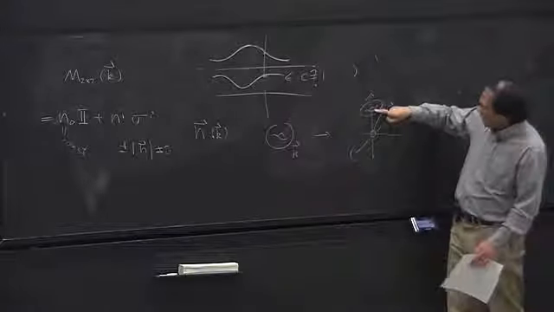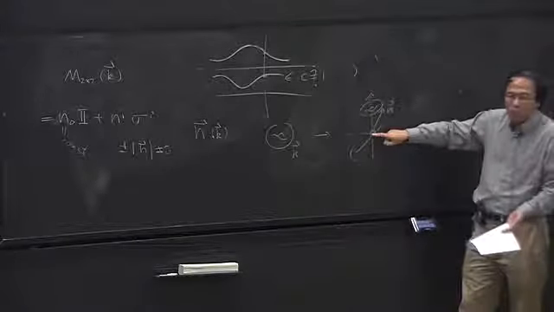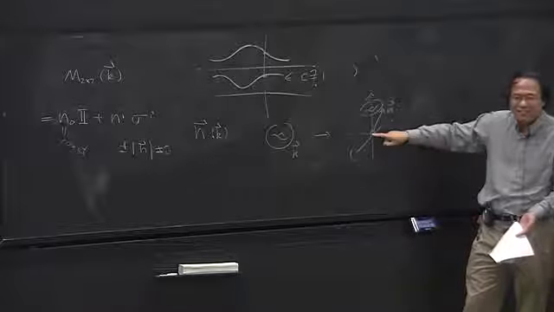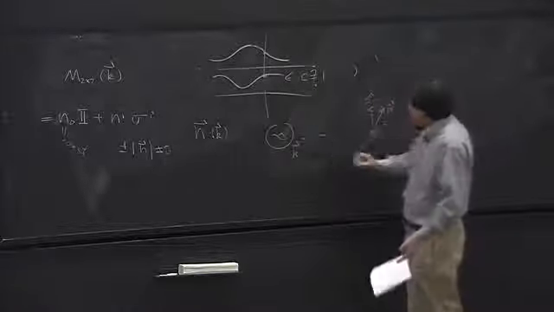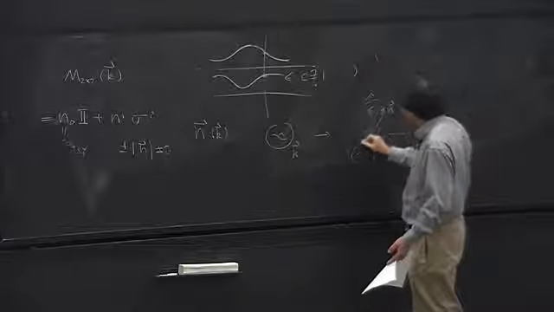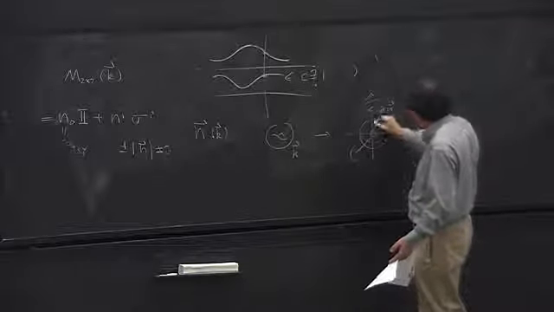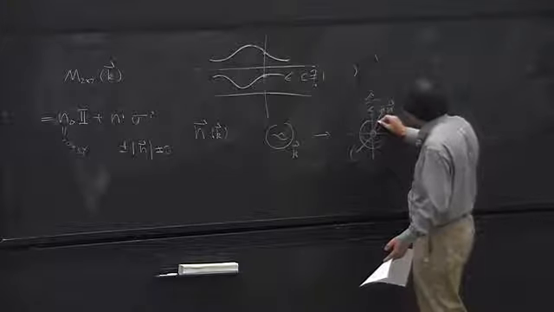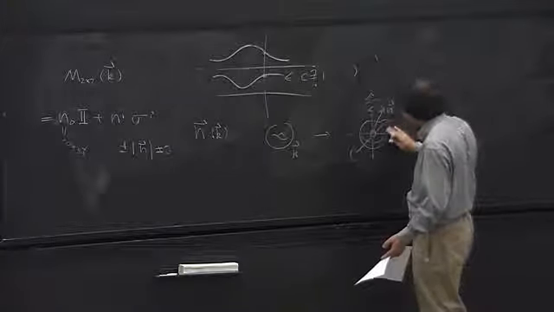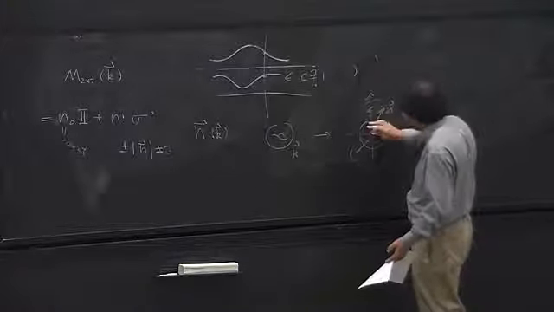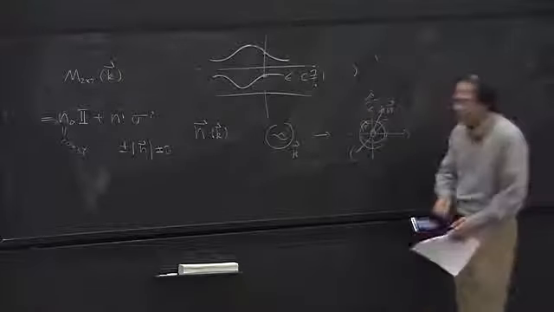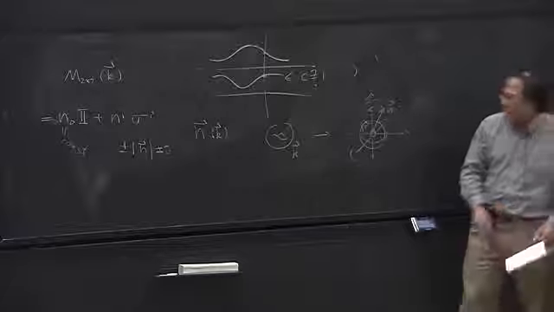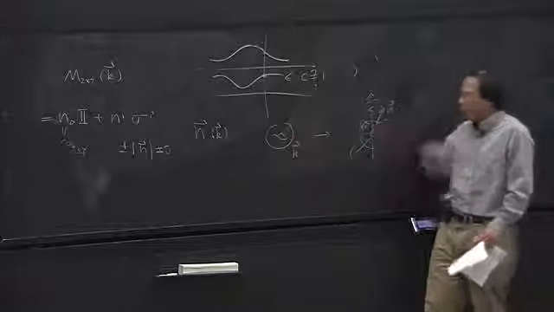You can see this one does not wrap around the origin. Then you can imagine that this torus may map into something like a sphere, which wraps around the origin, with a handle. Let me draw the sphere first, then I draw the handle. A torus is a sphere plus a handle. You can imagine this torus maps into a sphere with a handle.